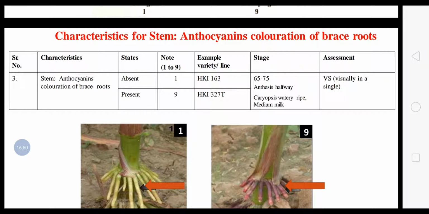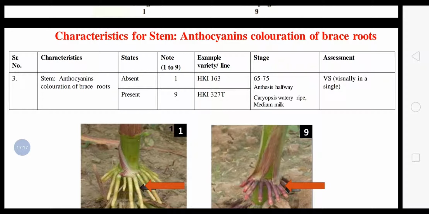The third character is a stem character, that is anthocyanin coloration on brace roots. Anthocyanin coloration requires specific features. Here heritability also plays an important role. High heritability is followed in maize for anthocyanin pigmentation. During the winter season, many plant leaves or brace roots show anthocyanin pigmentation.